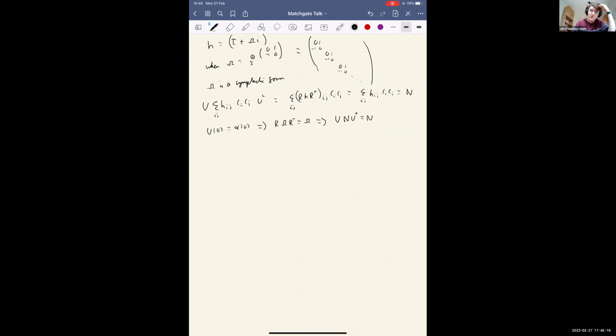Then we have that U preserves all of the number subspaces, essentially. So this actually also implies U|0> = alpha|0> again. So we sort of wrap around, and these are all actually equivalences, not just implications. So if you have a fermionic linear optical unitary which maps |0> to |0>, then it keeps all the numbers, it preserves all the number subspaces. It preserves the number operator, it preserves the number of fermions. Yeah, so that seems natural.